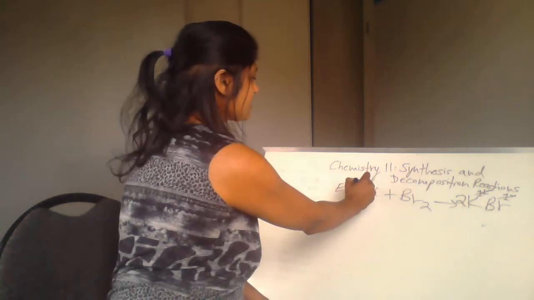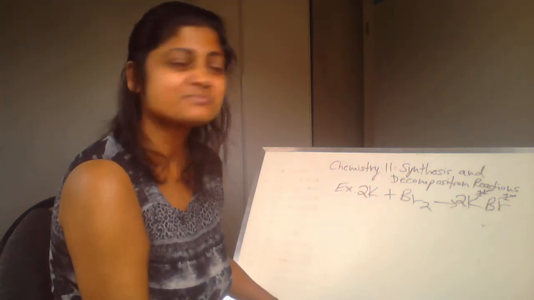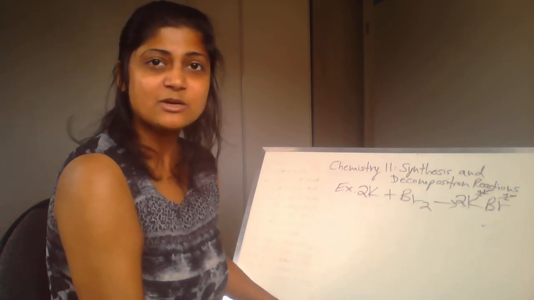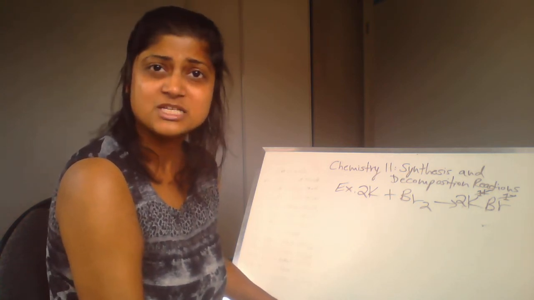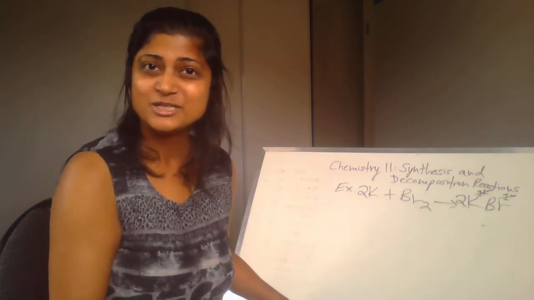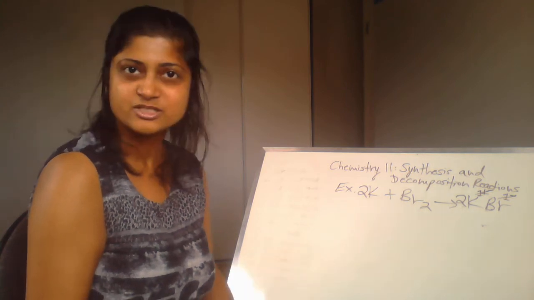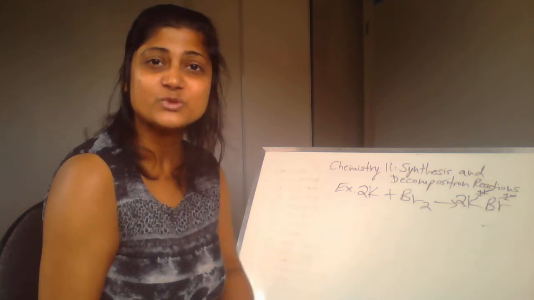So on the reactant side, I'm going to put a 2 in front of the potassium, okay? So now there are 2 potassium atoms on both sides of the equation, and I have 2 bromine atoms on both sides of the equation, okay?